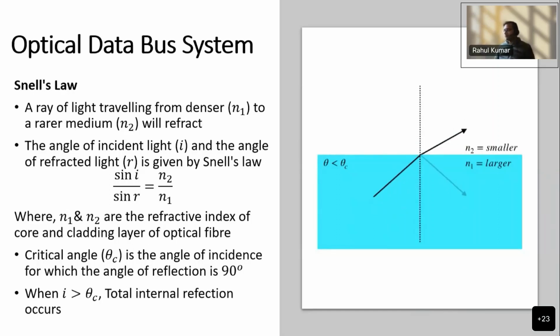According to Snell's law, whenever a light travels from a denser to a rarer medium, it will bend. And that bending of light, we call it refraction.